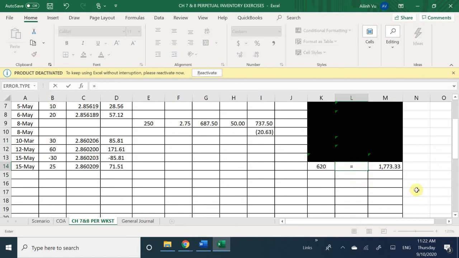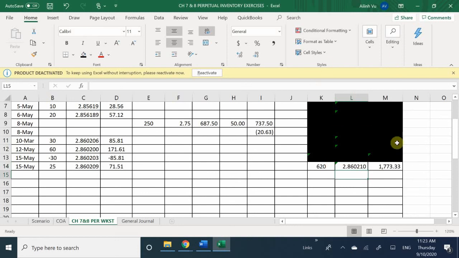Let's type this in and see what it is: 1773.33 divided by 620. Now I get a rounded number. So I guess this number is wrong. This needs to be 1773.33. What was it? 1773.33. Okay.